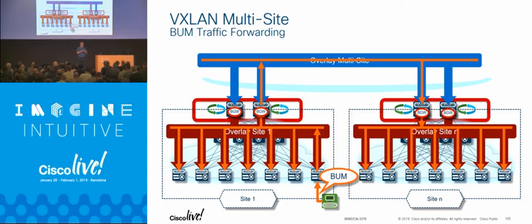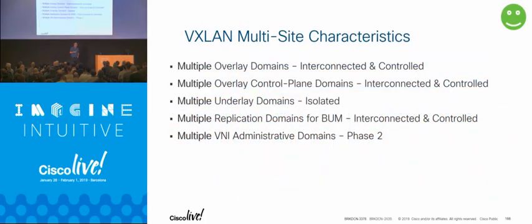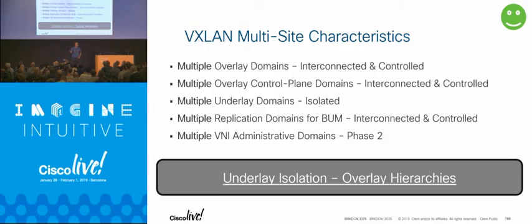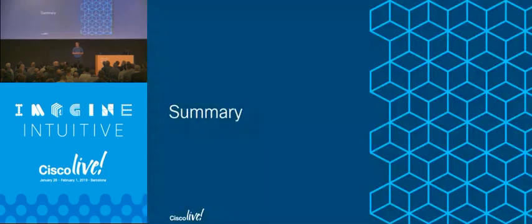So you get the efficiency of what we call DCI layers. Maybe you only have 1 gig or 10 gig and not the wide 40 or 100 gigs you might have within your data center. So we optimize that piece for you. So we brought back the hierarchies into the overlays and isolated the underlays as a result of this.